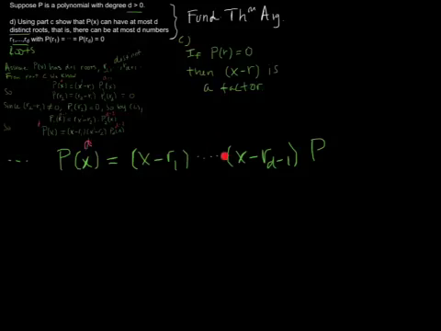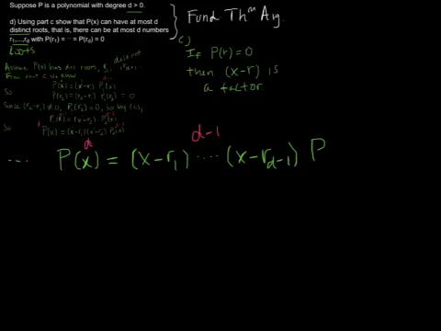Each of these factors has degree 1. How many of these factors are there? Well, there's d minus 1 of them. Right? So now, just think to yourself, if these factors all end up being degree d minus 1, what does the remaining polynomial have to be degree of?